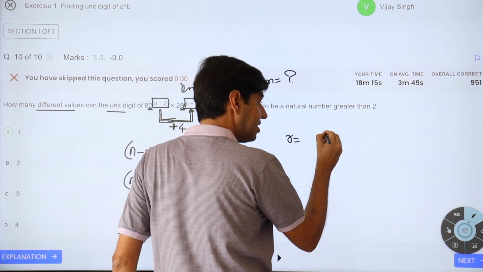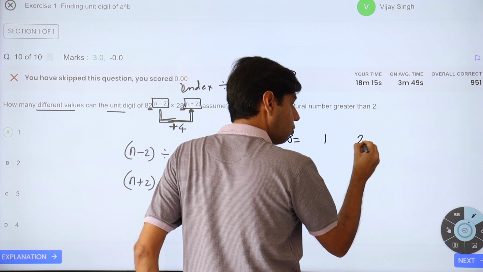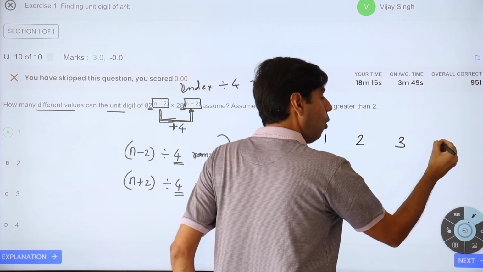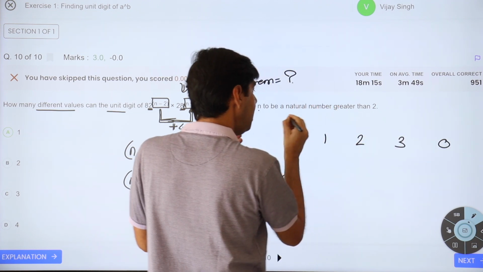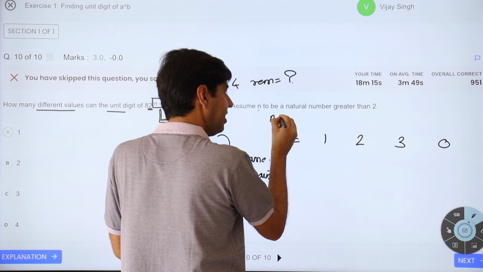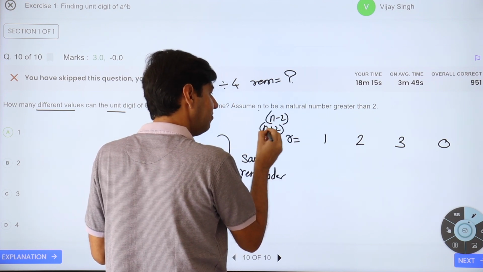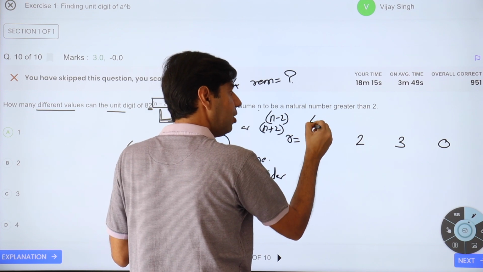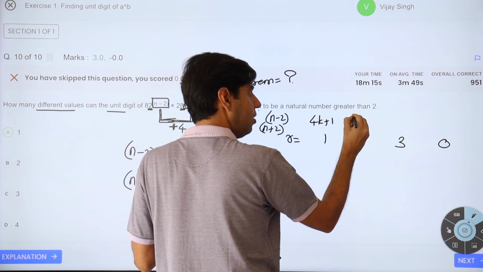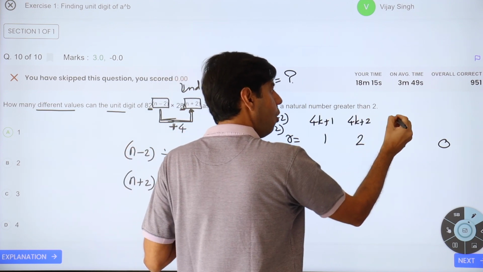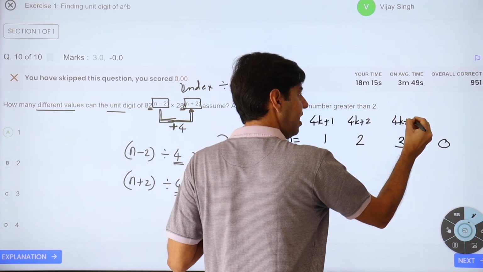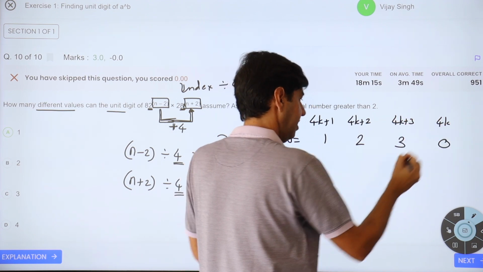And what can the remainder be? The remainder itself could be 1 or 2 or 3 or 0. These are the only possibilities. So the n minus 2 or n plus 2, whichever you take, will be of the type 4k plus 1, 4k plus 2, 4k plus 3 or 4k. And these are the remainders.